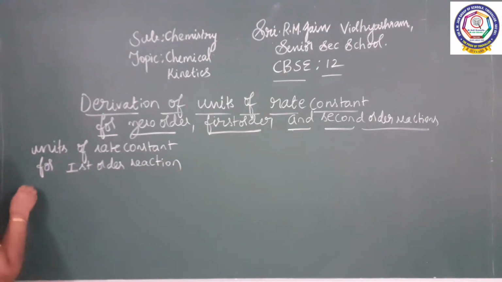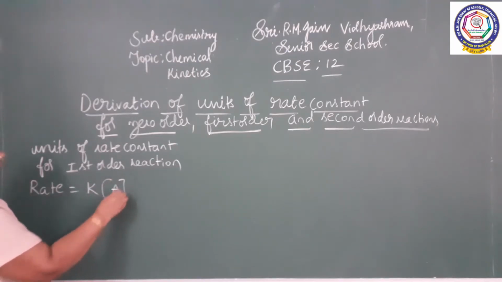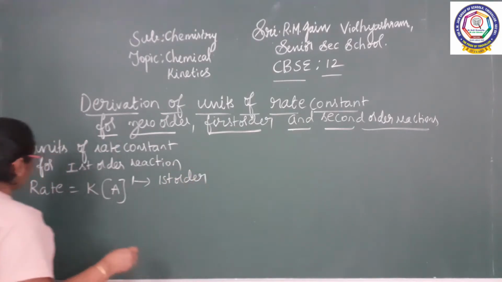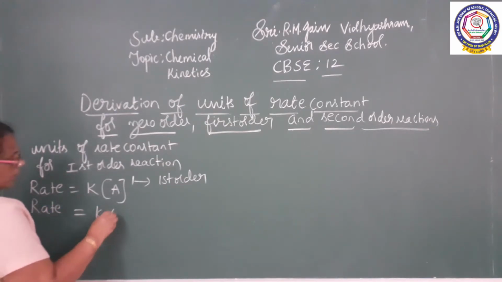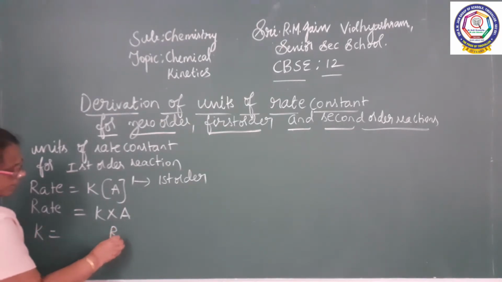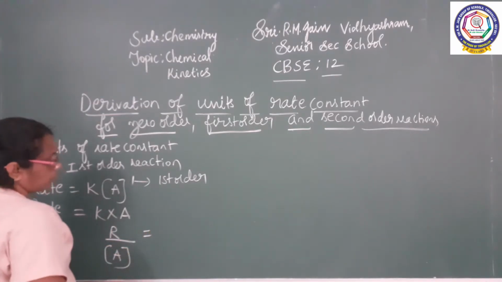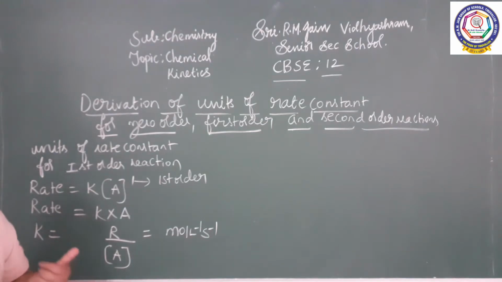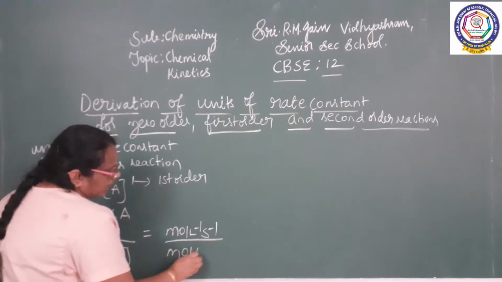Assume rate is equal to K into molar concentration of A whole power 1, where it is first order. So rate is equal to K into A. From here K is equal to rate divided by molar concentration of A. Rate is moles per liter per second, divided by concentration of A, which is moles per liter.